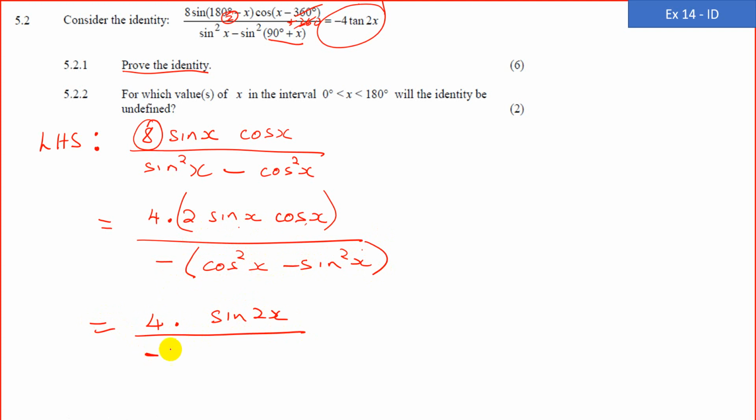And then we've got a negative in the bottom, and cos squared x minus sine squared x is cos 2x. And sine over cos, we know a positive over negative is negative. We have minus 4, and sine over cos is tan 2x. And that's what we want on the right hand side.